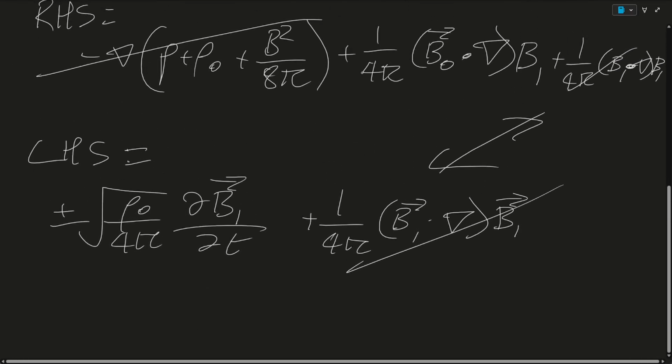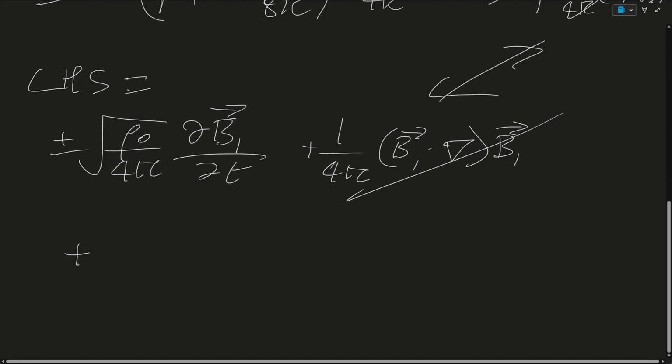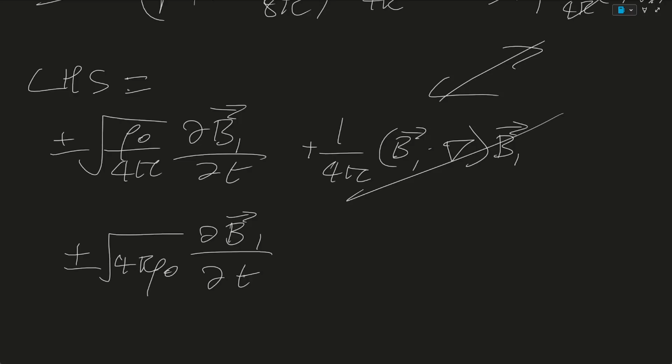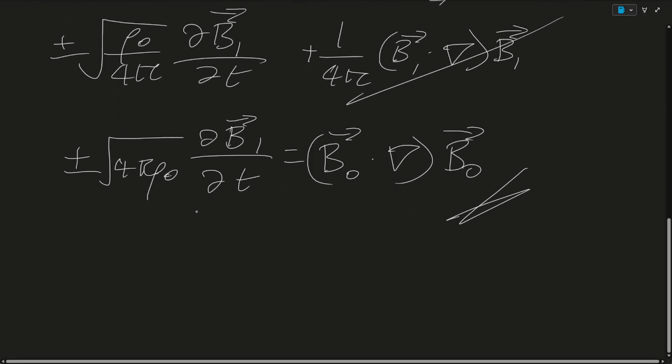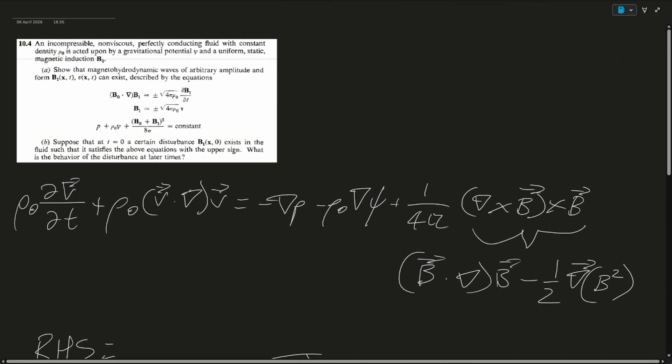If we multiply both sides by 4 pi here, then that will go to the top in that bracket. So plus or minus root of 4 pi ρ0 dB1/dt is B0 dot del B1. Nice. Okay, that's one of them.